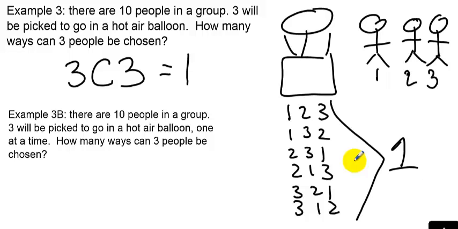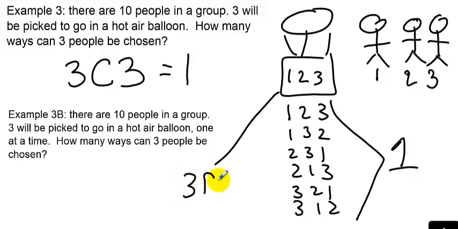Now, what would make this a permutation is if I said that the first person who went in had to stand on the left-hand side, the second person who went in had to stand in the middle, and the third person who went in had to stand on the right-hand side. Then that would be a permutation. And in that case, we would have 3P3.